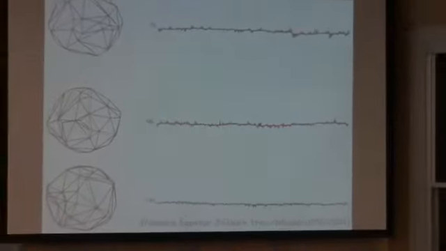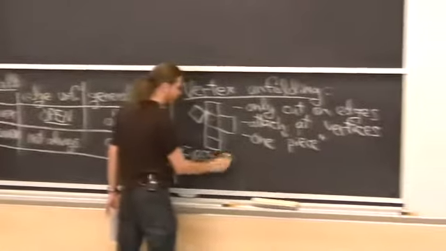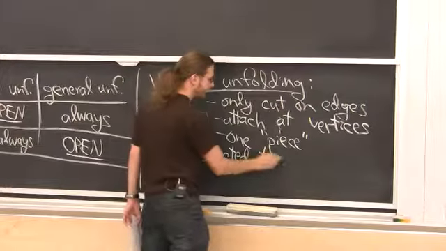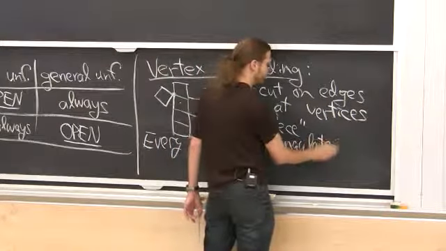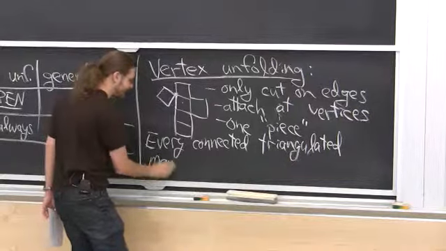All right, let me state a theorem. Every connected, triangulated manifold has a vertex unfolding. This is a very general result. It actually holds in any dimension.